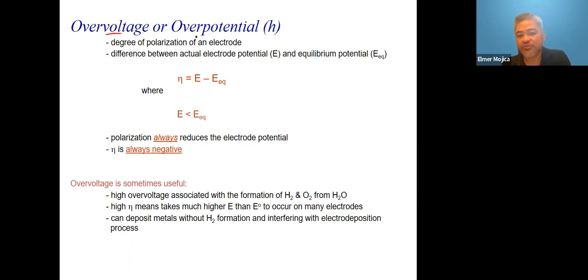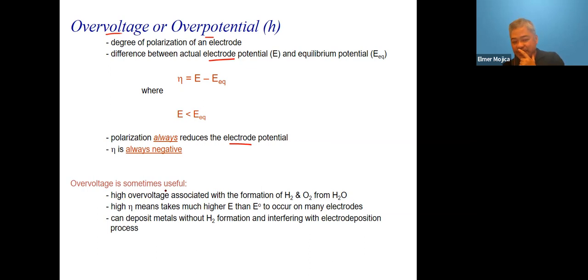So what they do, okay, to observe some sort of degree of polarization of electrode, they have this so-called overvoltage or overpotential, which is just the difference between the actual potential current and the equilibrium potential. Okay, so what happened here, the polarization, when you have overvoltage or overpotentials, always reduce the electrode potential, and eta here is always what we call negative.